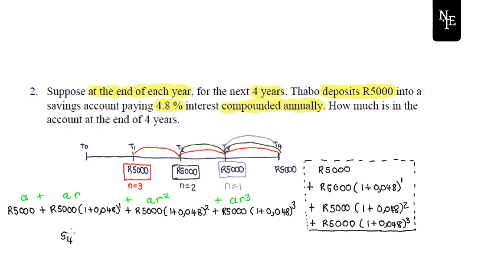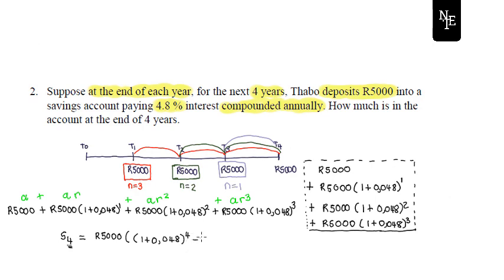So S4, the sum of 4 terms, is equal to A, which is 5,000 Rand, into your R value. Your R value in this case is 1 plus 0.048 to the exponent of n, where n for your geometric series comes from here.